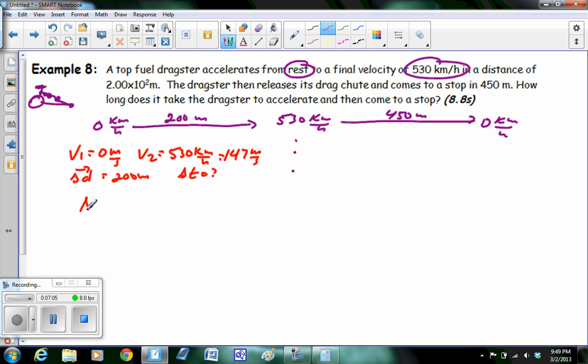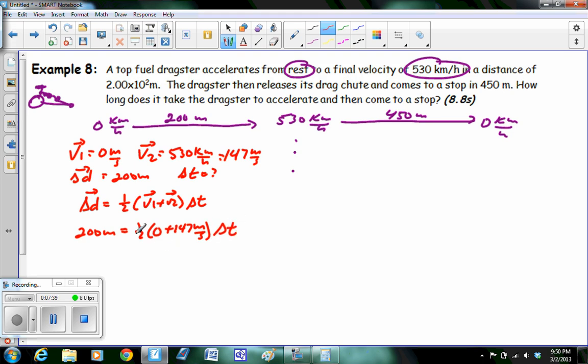So again, eHarmony equation, we match up with the most appropriate equation. So in this case it would be v1 plus v2 times a half multiplied by time. And we're going to solve for the quantities we want. Just put our vector symbols in, I forgot those. All right, let's see what we have here. So 200 meters is equal to 1/2 of 0 plus 147 meters per second multiplied by my time.